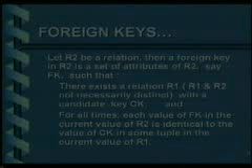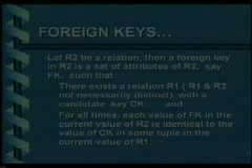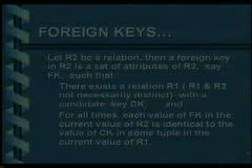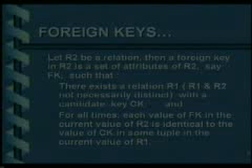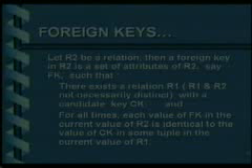So in R1 there is a candidate key called CK, and in R2 there is a foreign key called FK. And what is the constraint? For all times, each value of FK in the current value of R2 is identical to the value of CK in some tuples in the current value of R1.